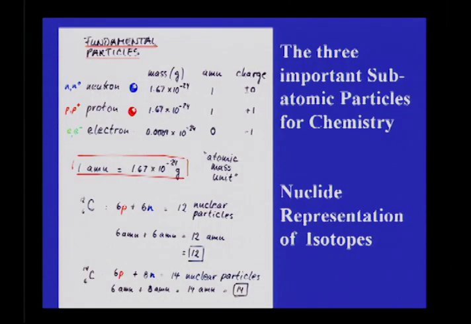Now here we have an overview of the 3 fundamental properties that are so important for us chemists. Of course, the physicists will think, oh, this is laughable, we have many, many more particles. That is true. But for us chemists, these 3 particles are of essential importance. For instance, we have here the neutron, the proton, and the electron.